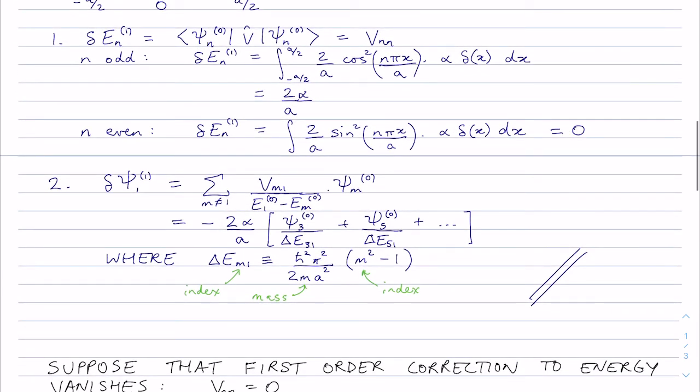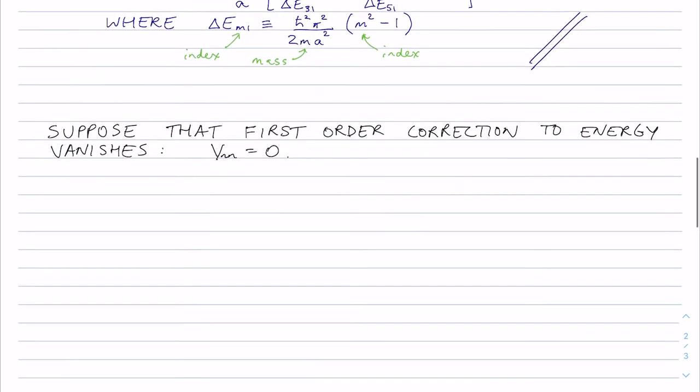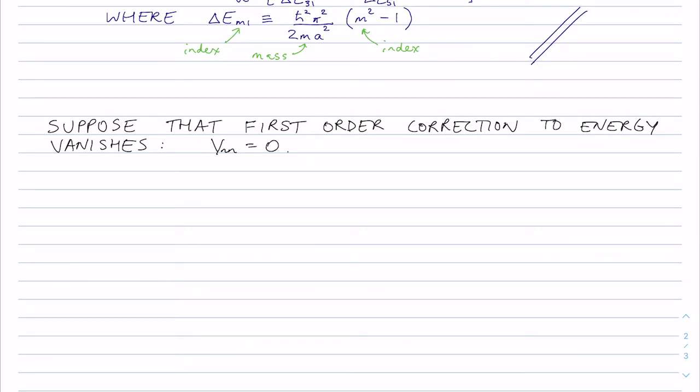So for the states up here where we had n even, then we had ΔE_n^1 equal to 0. That's an example of a case where the first order correction to the energy vanishes. Then, in that particular case, we would have a second order correction. ΔE_n is going to be only starting at second order and will be approximately equal to second order.